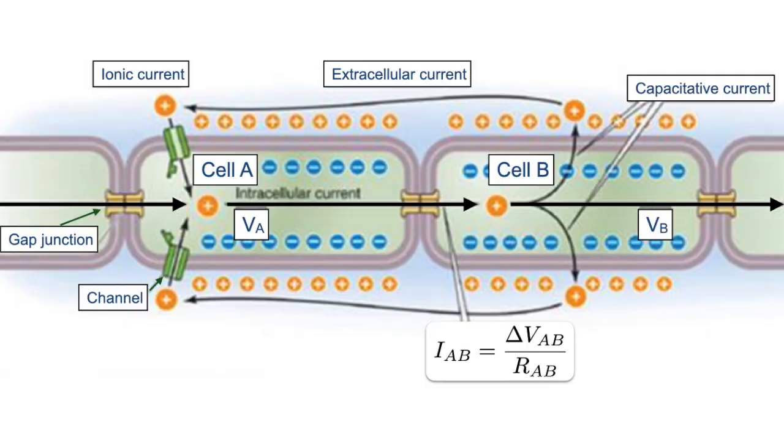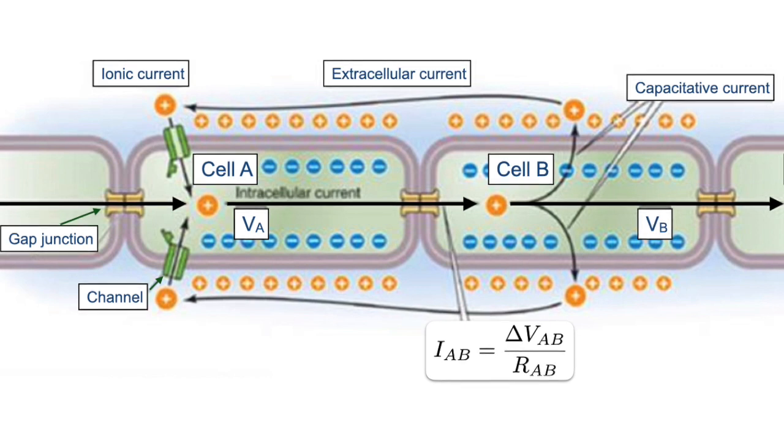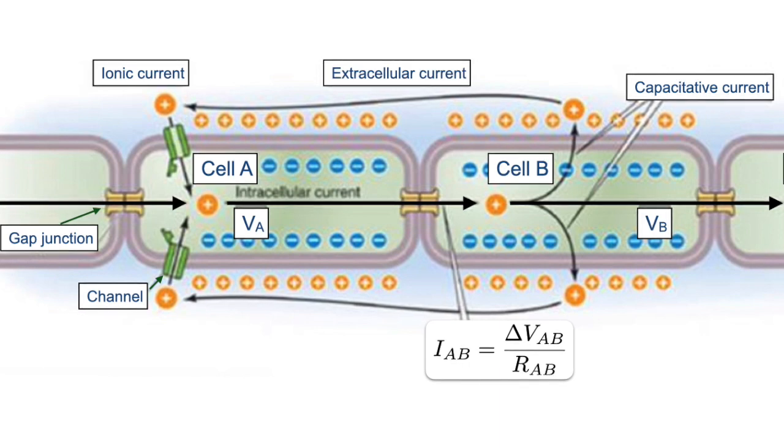And indeed, here it flows from cell A to cell B. Now, that current flowing into cell B is driving its transmembrane potential up toward the threshold so that it can then fire an action potential of its own. And this process continues along from cell to cell through the individual fibers of cardiac myocytes.